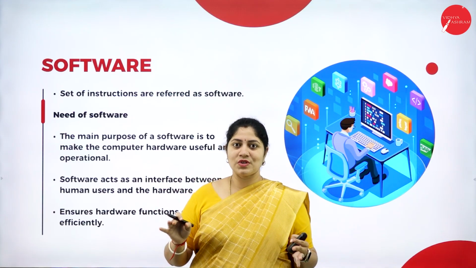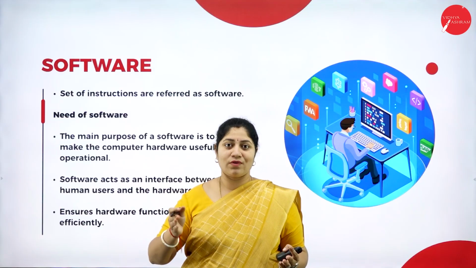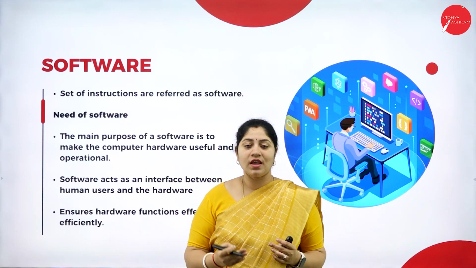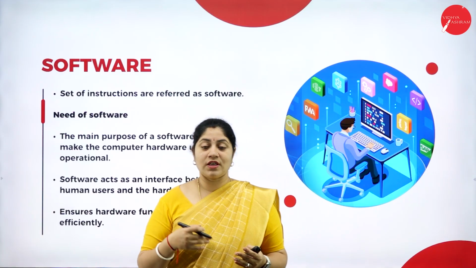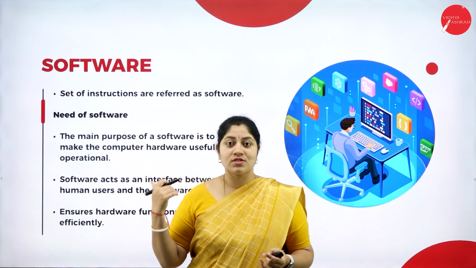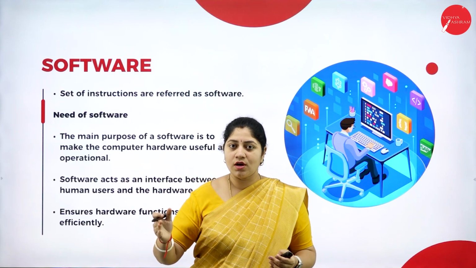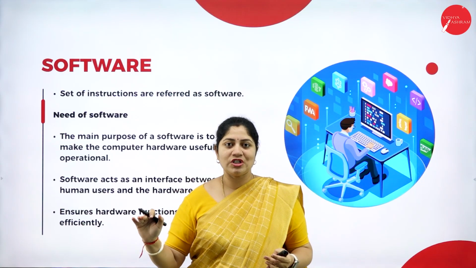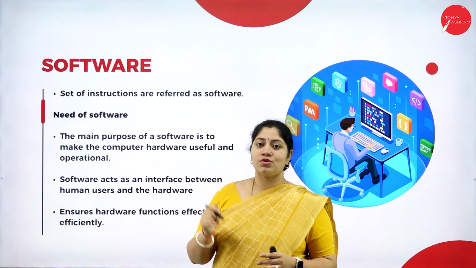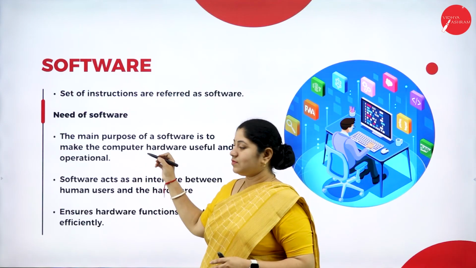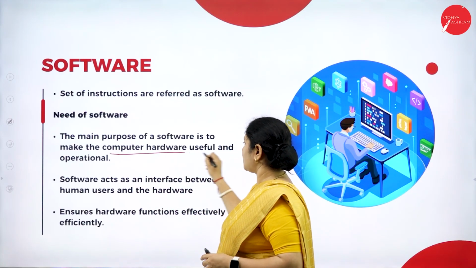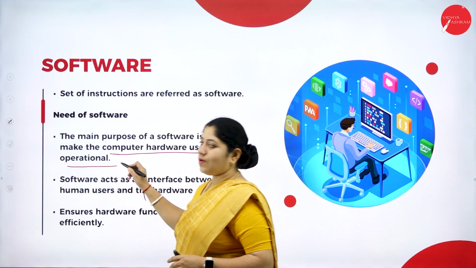If we have a dummy system, what's the use of it? It has to work for us, only then can we make use of it. So this software is responsible for making that hardware functional and operational. That's the very crucial need or requirement of software: it makes the computer hardware useful and operational.